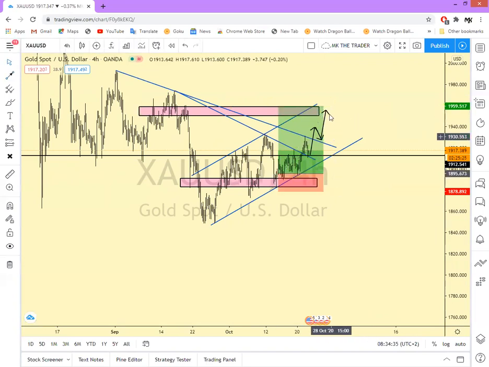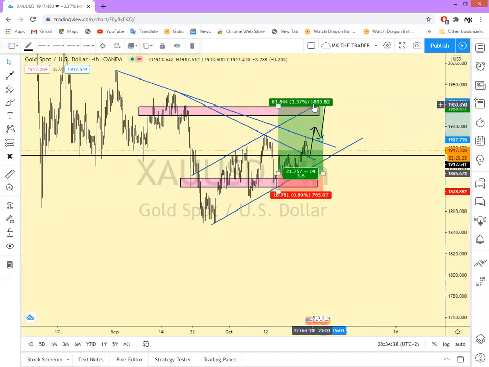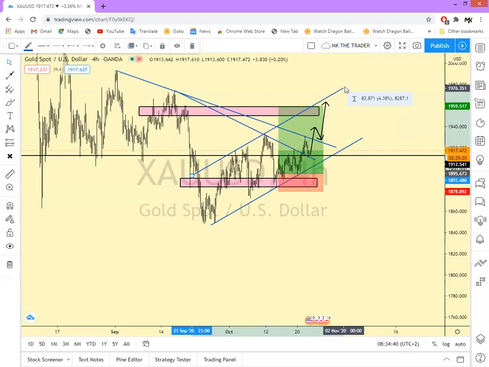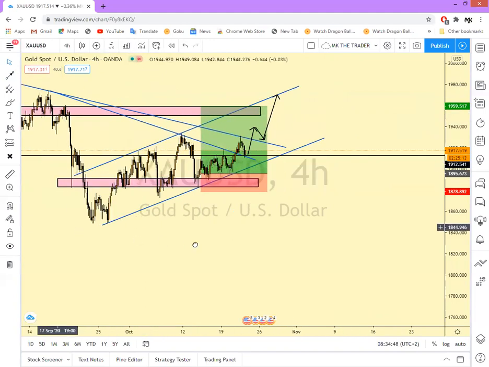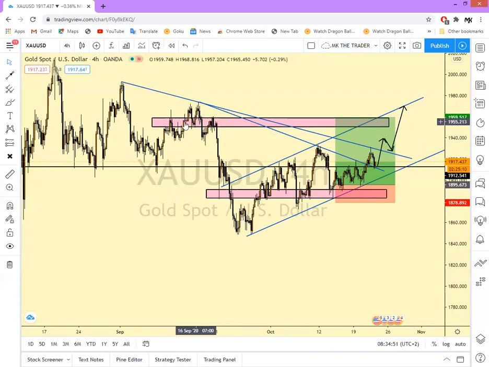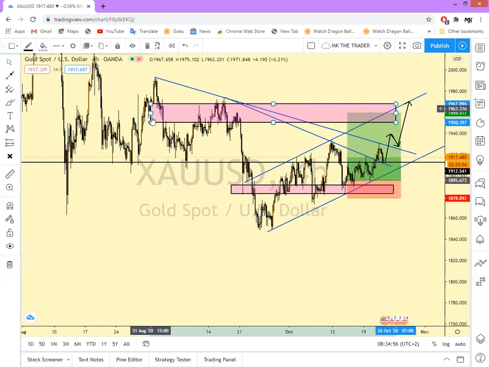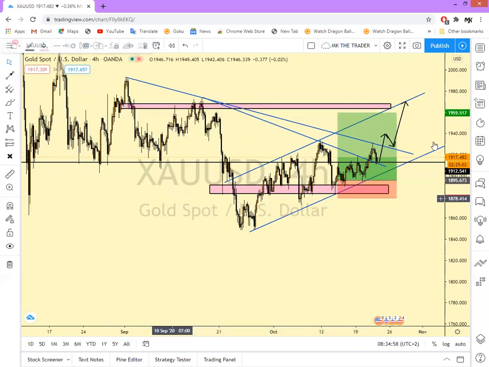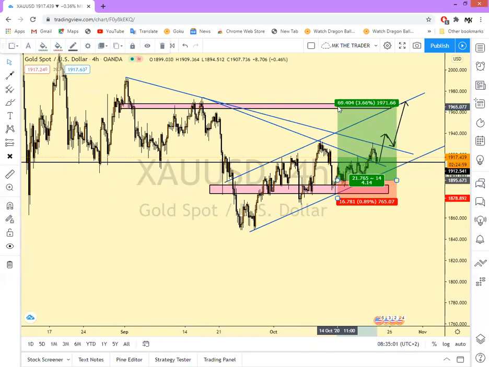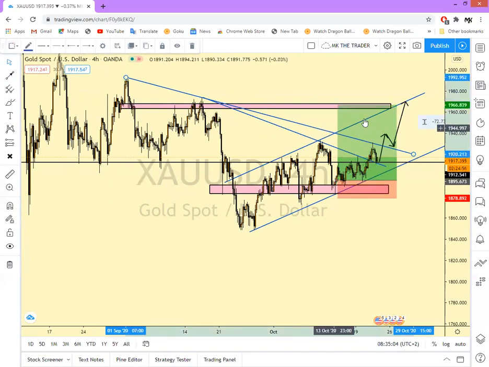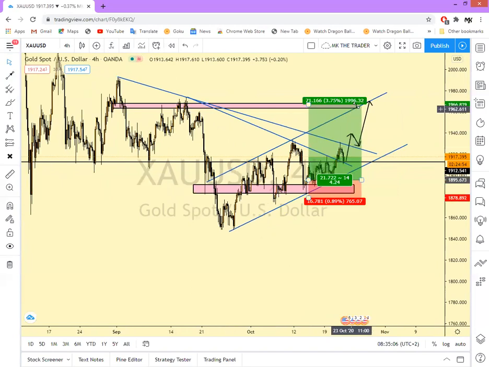So we will be testing somewhere around this level, meaning the possibility of us shifting this and taking our profit at around this level is high. So we are coming somewhere around this level. This is the way I'm going to take my profit, somewhere around this level. So this was the gold update.